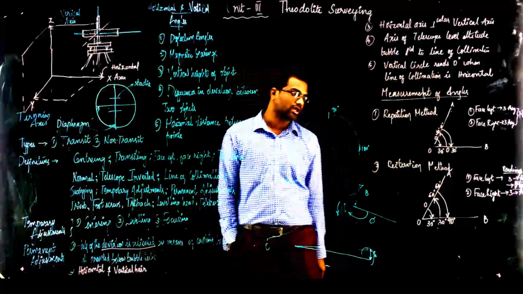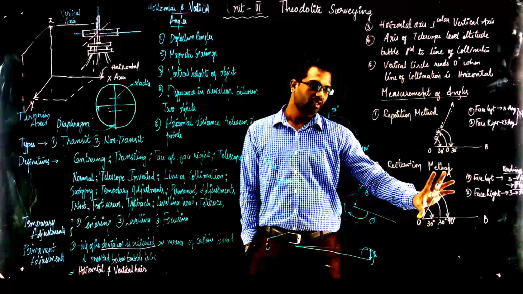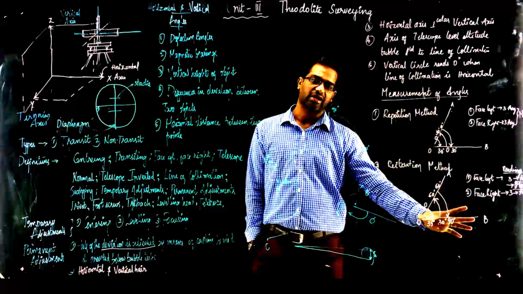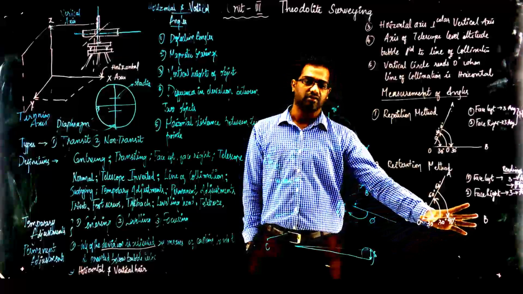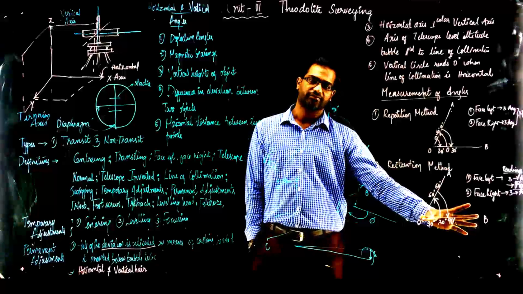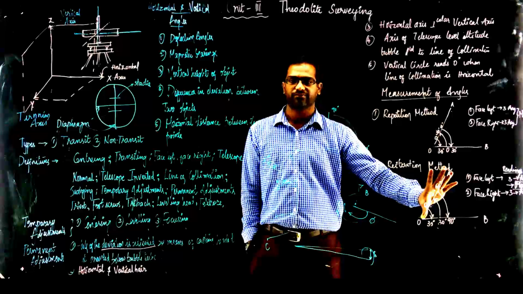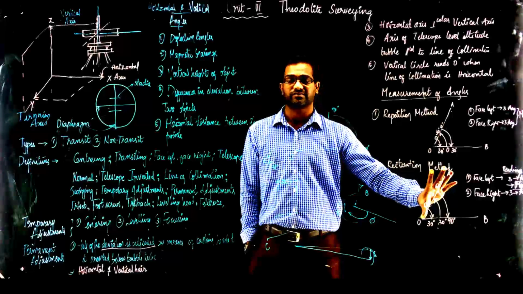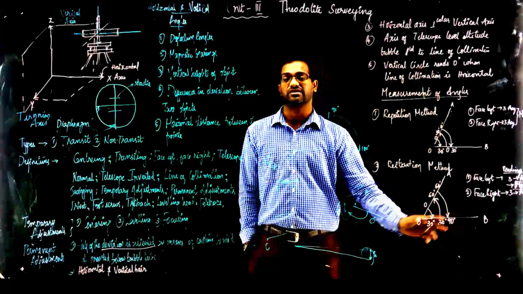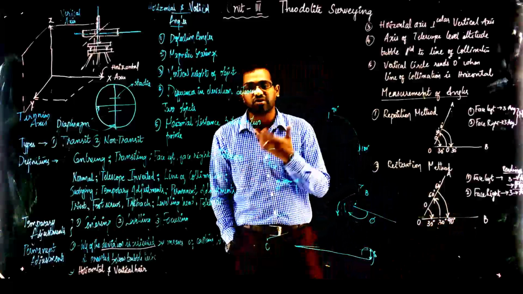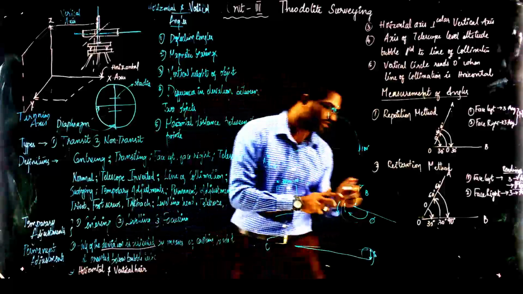For example, I'll set A as 0, then I'll start measuring the angle to B. Let us say I have got 30 degrees. Then using the same 30 degrees, I'll measure to A. I should get 60 degrees. Then again 60 to 30, 60 plus 30 is 90. So for these cumulative angles, I think I have made a mistake here.